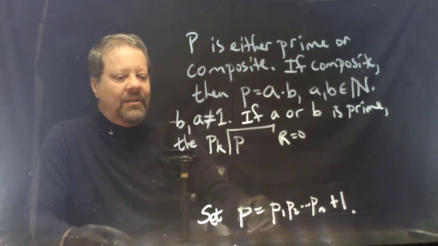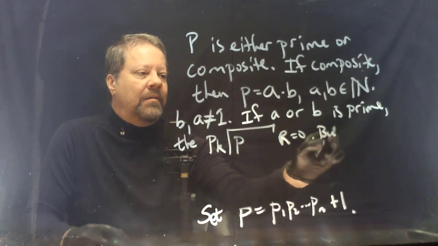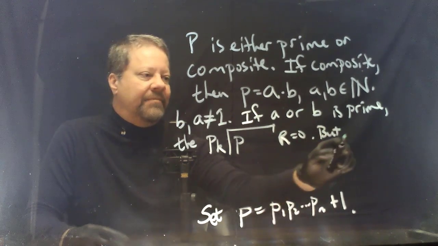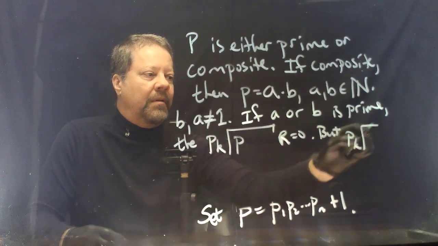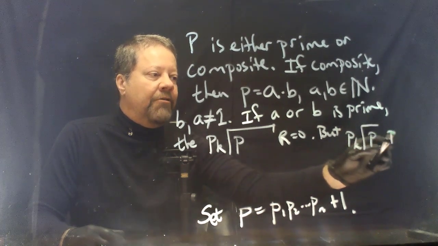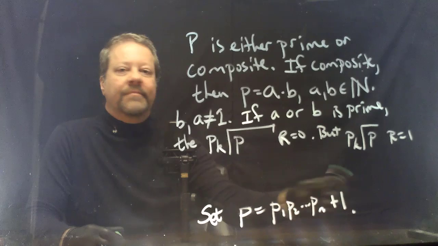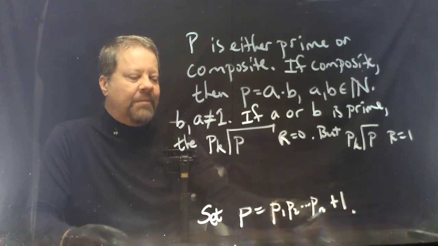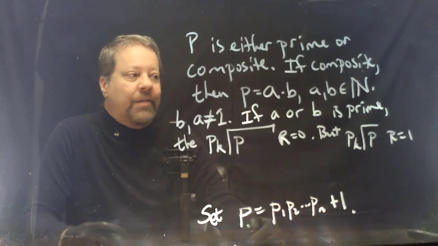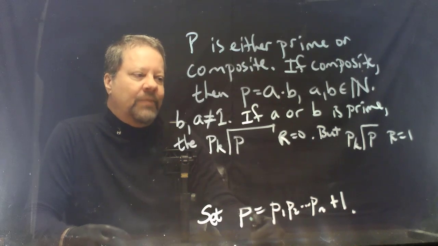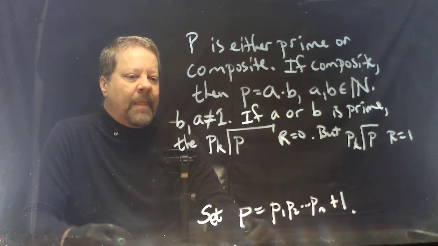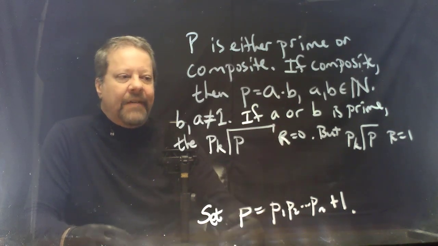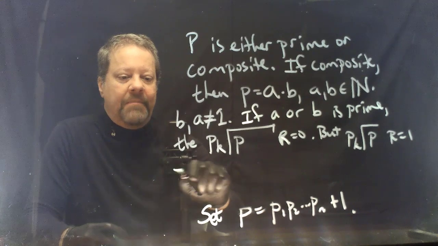But when you divide P by any of these primes, you get a remainder of 1. It goes evenly into this part, but you have this 1 left over. You get a remainder of 1 whenever you divide this number by any of our finite list of primes, which means that neither a nor b is prime.